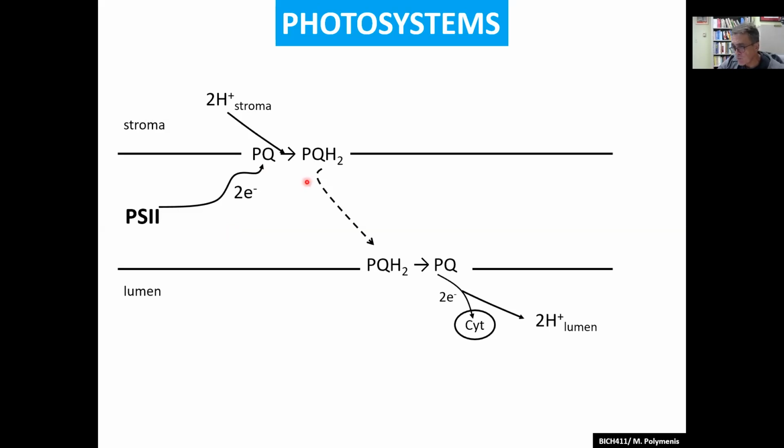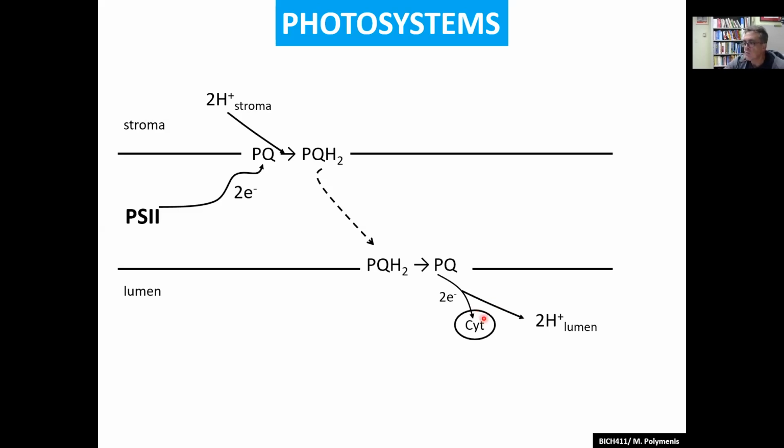Now, when Q receives these electrons and gets reduced, it picks up 2 protons from the stroma. Remember, the stroma is the outside. So then, just like we had seen in mitochondria, there is an electron transport complex here that will take these electrons from Q. So Q will be reoxidized again and puts them onto the soluble version of cytochrome C that we had seen, and now that can take it on to the next one.